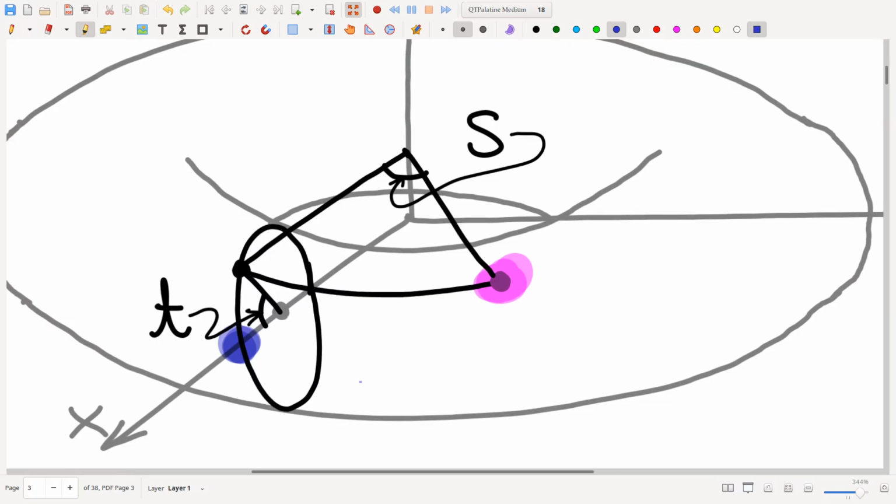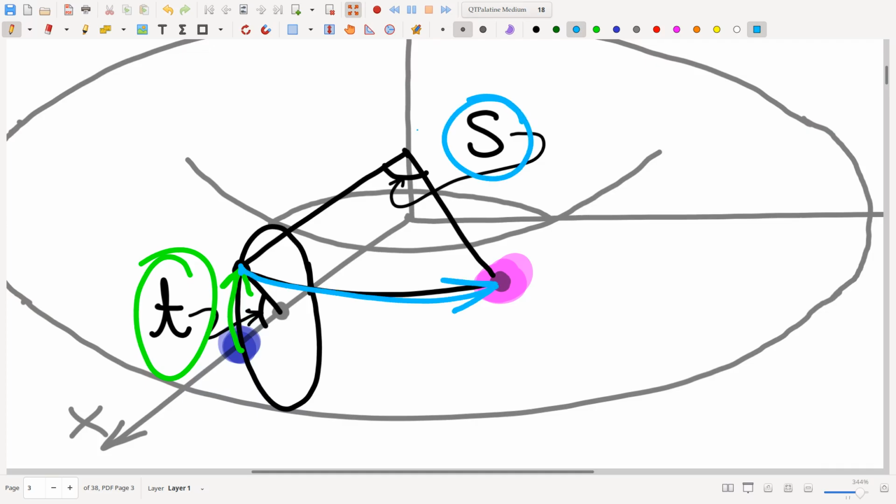From that starting point, we would need to rotate upward by some angle. I'll call that T. That's kind of a donut version of latitude. And then I would have to rotate by some other angle, S, kind of a donut version of longitude.